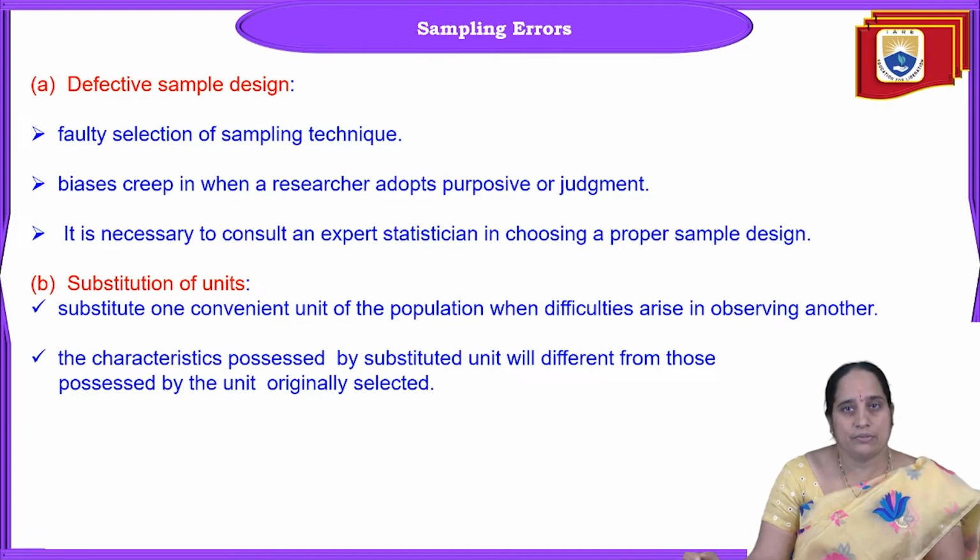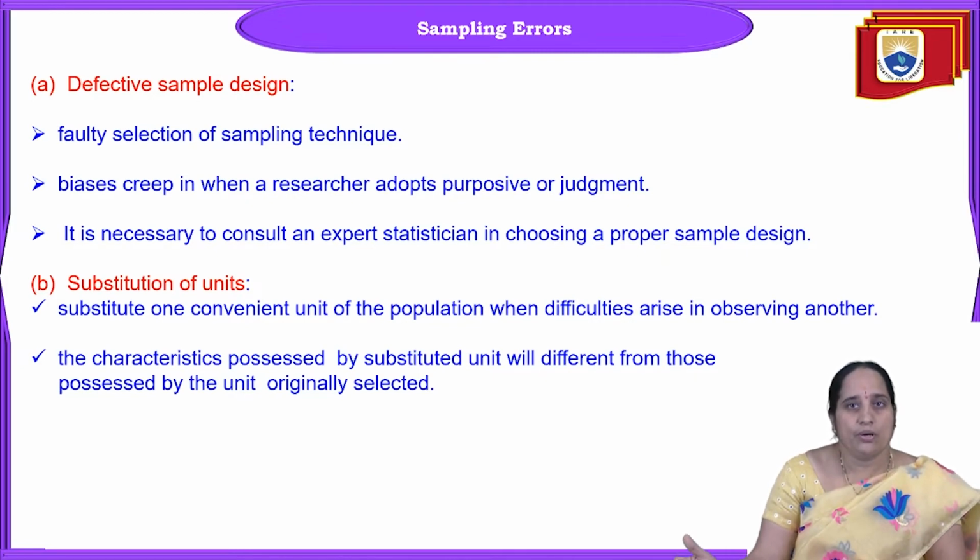That leads to sampling error, and sometimes we may also have some sort of bias, because in some cases the researcher depends on his own decision. Sometimes he may choose purposive sampling, or sometimes he will consider judgment sampling. That also leads to defective sample design. It is necessary to consult an expert.